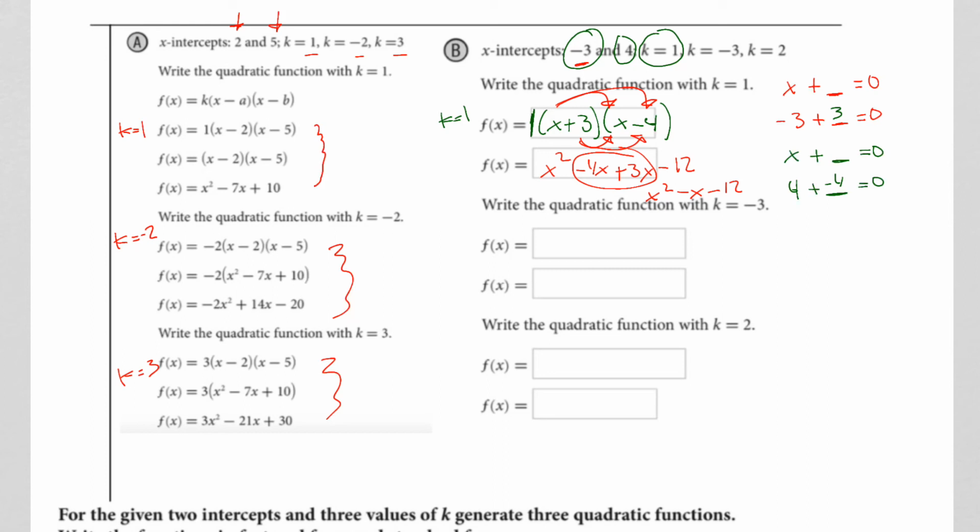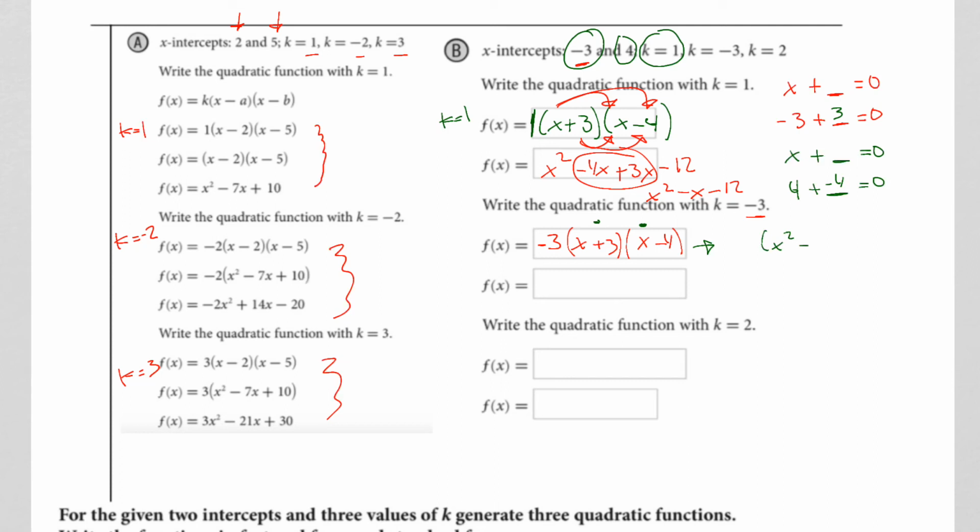And we've already identified the factors. We're going to have x plus 3, and we're going to have x minus 4. But this time we're going to multiply everything by a negative 3. Well, you already know that these two multiplied together are essentially x squared minus x minus 12.